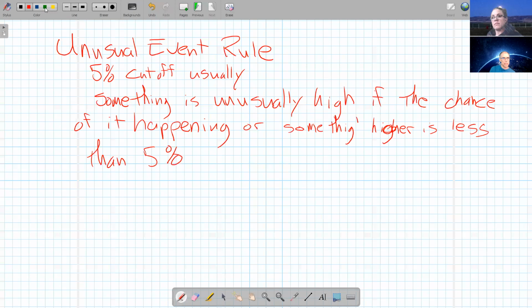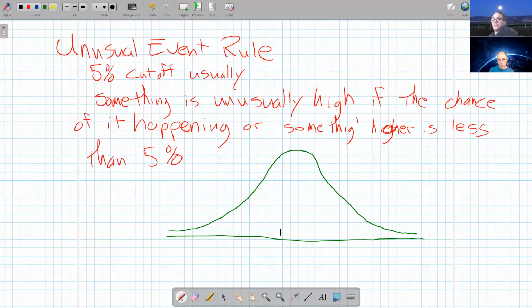So drawing a sketch of that. Suppose I have a histogram. I'm just going to draw it smoothed out, and let's say it's roughly symmetric. So imagine this is a bunch of vertical columns like a histogram, but I smooth the curve through it. The mean would usually be somewhere in the middle, right? And what I'm looking at is something that happened out here, okay? So somebody's value was high.